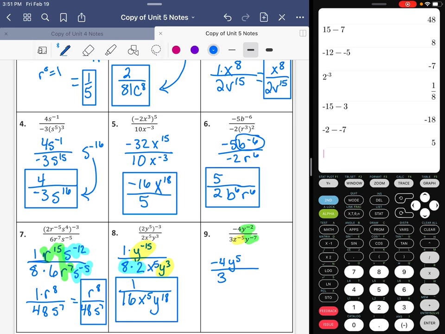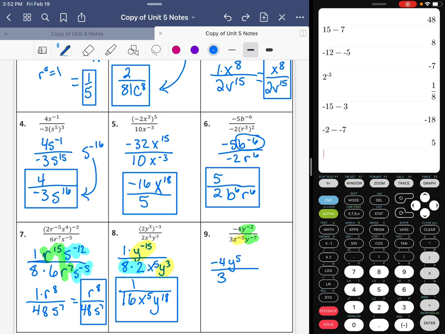Now that should make sense to you. This negative 7 is in the wrong place. It needs to move up to the top. And negative 2 and 7, if it were moved up there and was positive, would be 5.